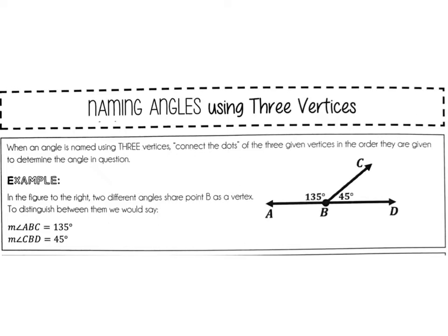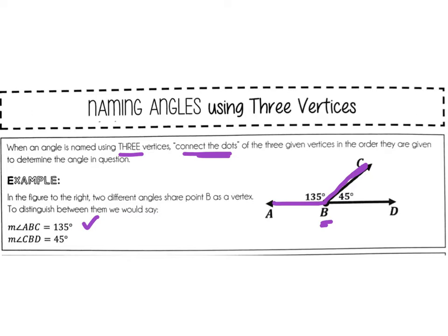It says when an angle is named using 3 vertices, the tip is to connect the dots of the 3 given vertices in the order that they are given. For example, the figure to the right has 2 different angles that share point B as the vertex. So to distinguish between the two, we would say angle ABC is 135 degrees.